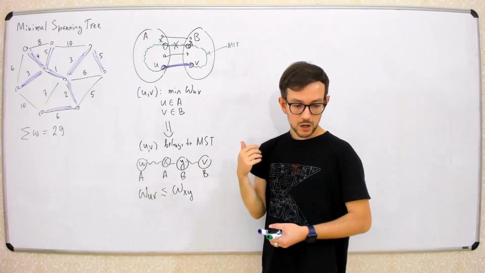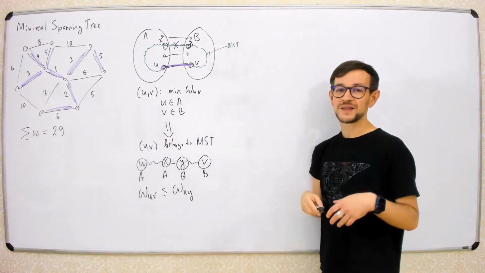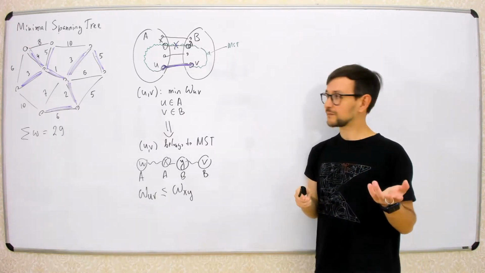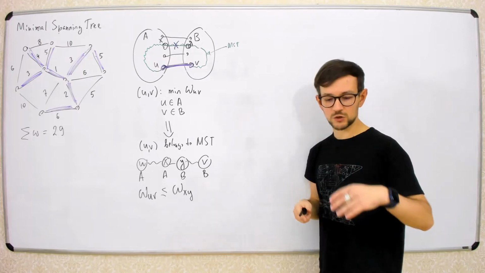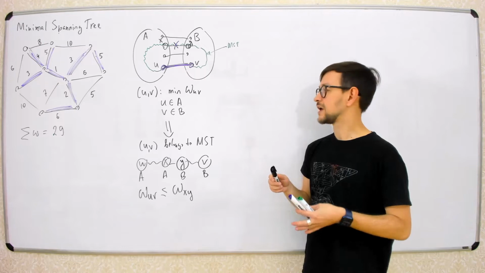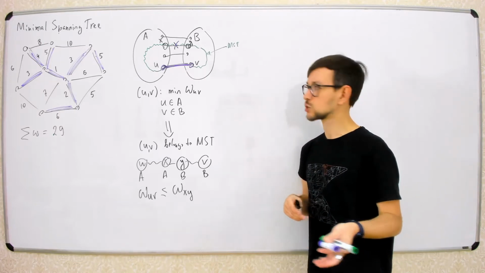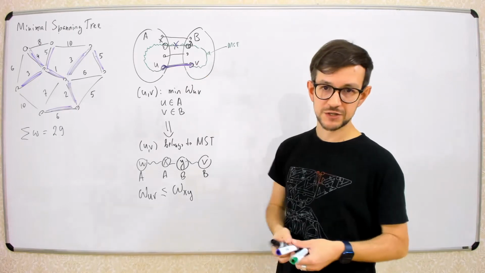Why is it a spanning tree? Let's prove this is a tree. It's actually quite simple. The easiest way to prove this is just to prove that all the nodes are connected again. The number of edges is the same.